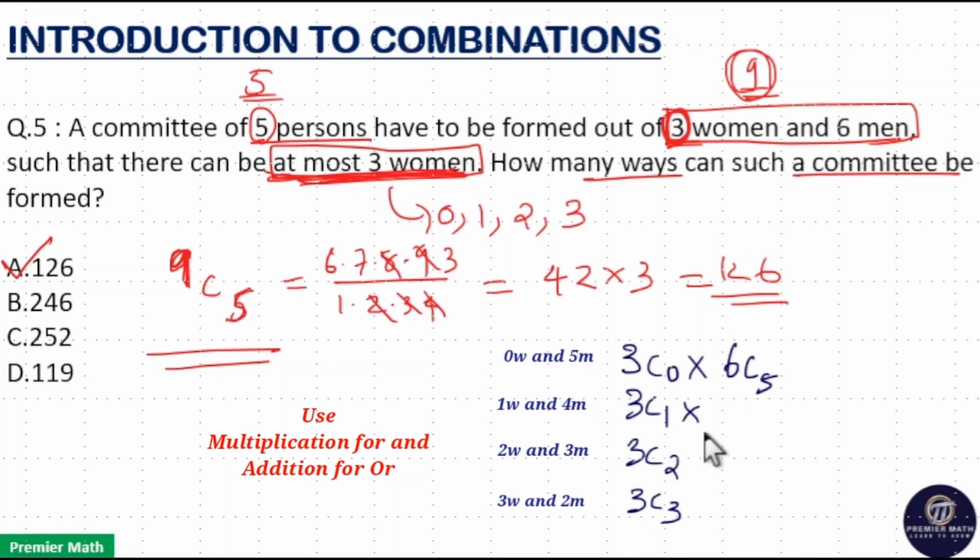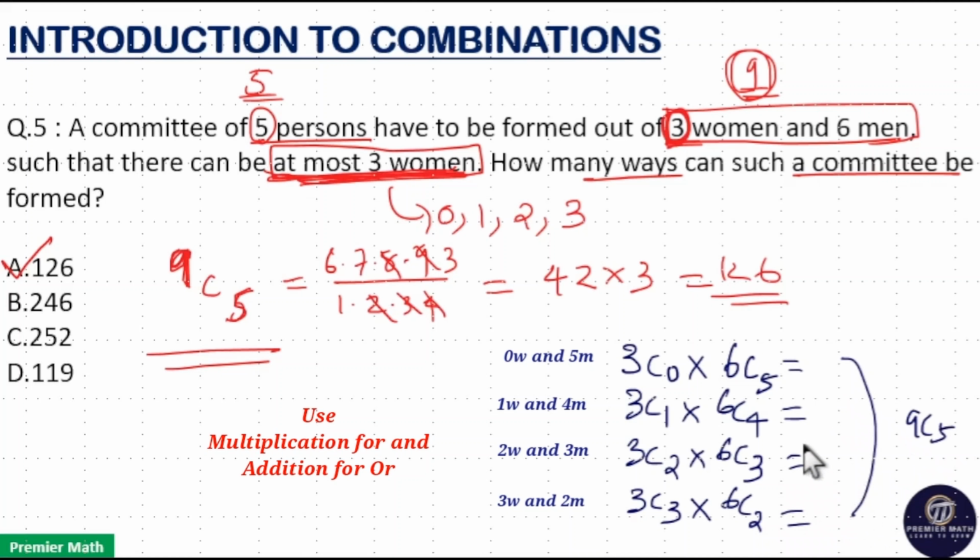And 1 woman included means 4 men are the remaining teammates. 2 women included means 3 men are the remaining team. 3 women included means 2 men are the remaining teammates. Now if you calculate this, all is equal to 9C5, if you add these together.